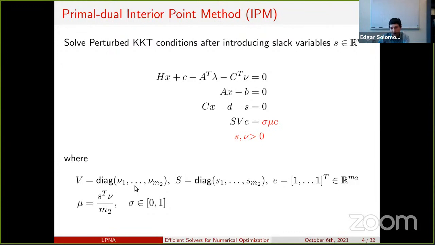And that's the part of the system that becomes ill-conditioned. As we approach convergence, we're trying to turn our barrier into a more and more sharp function. This leads to large variations in the values of SV, which is in general positive, but can be quite ill-conditioned.